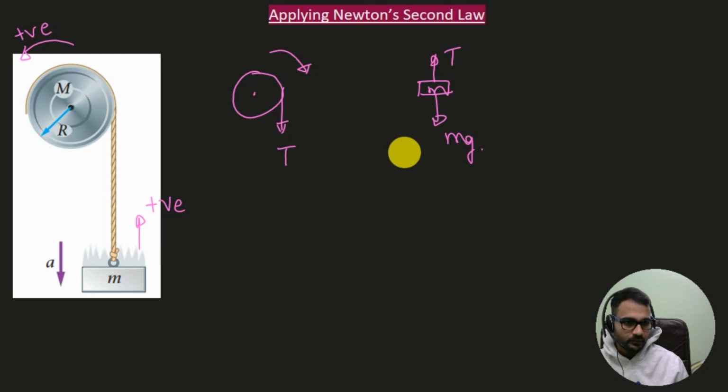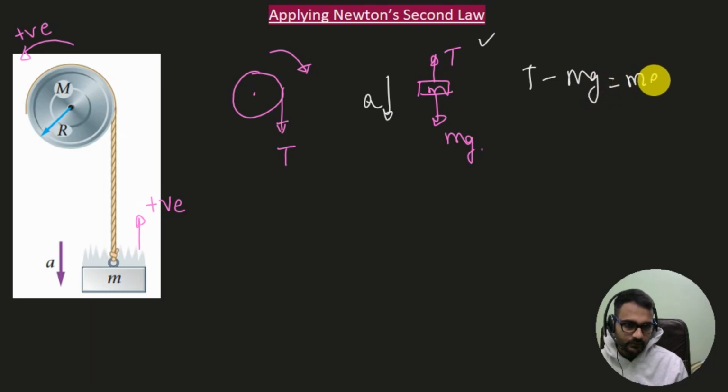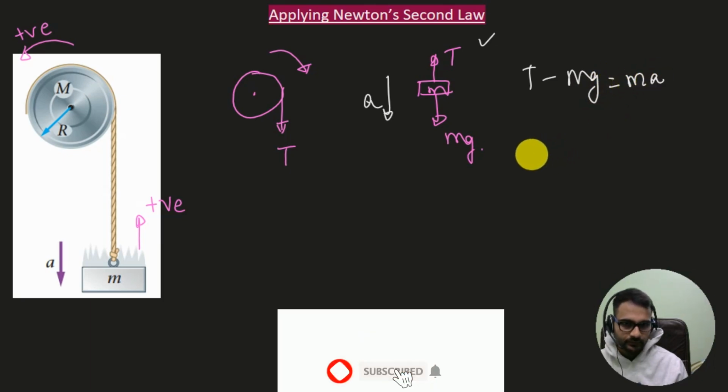And this is acceleration A. Now let's first apply Newton's second law for the linear motion of the block of mass m. Upward direction we have taken positive, so T minus mg would be equal to mass times acceleration, right?